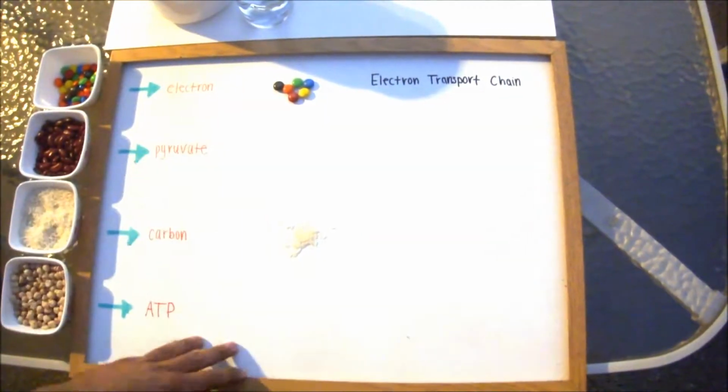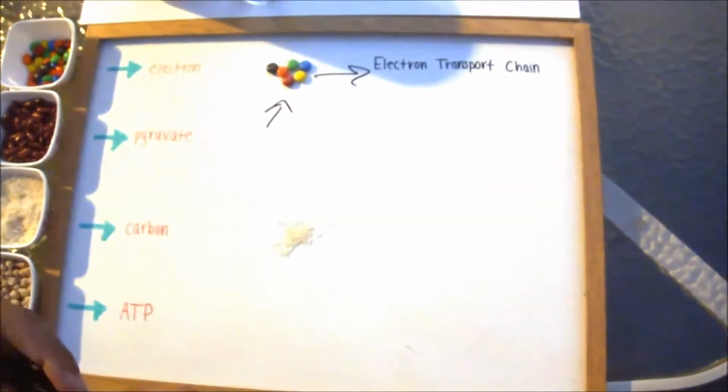So the electrons that are produced from the Krebs cycle are then passed through the electron transport chain, or electron transport system.